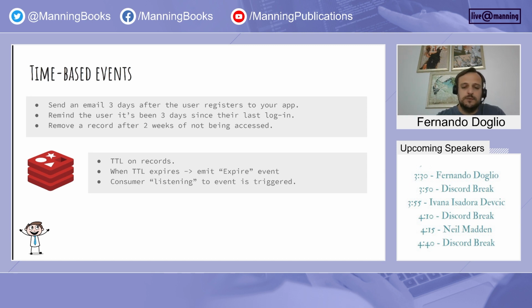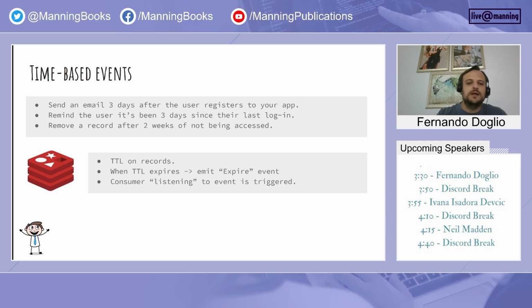If you've also enabled key space notifications, and you have a consumer waiting on that type of notification event, then you suddenly are able to react to these flags being removed. So if you have a record that is being created today, you can set a flag for it that will expire in 2 weeks.